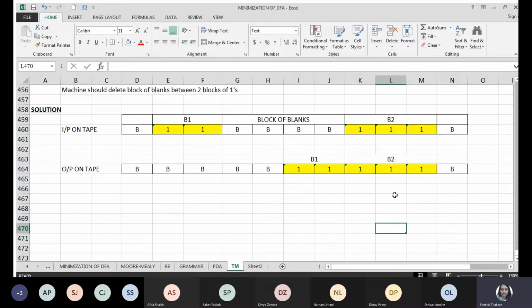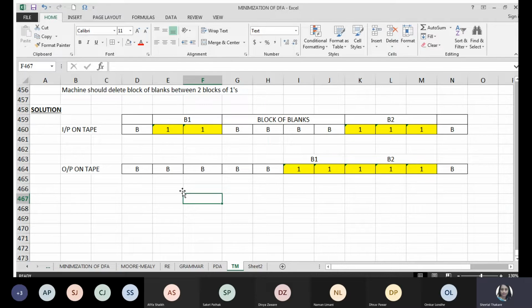So mechanically, if you are supposed to do this, how will you do it? Take a minute, try to visualize. Suppose the tape is laid on a road from your college, Bharati Engineering, till say CST. A straight road, and the tape is laid on that.